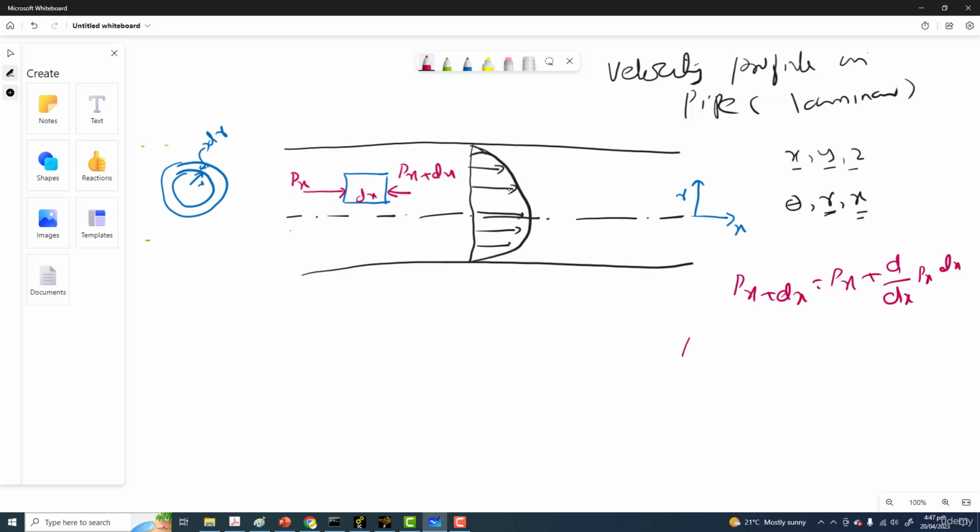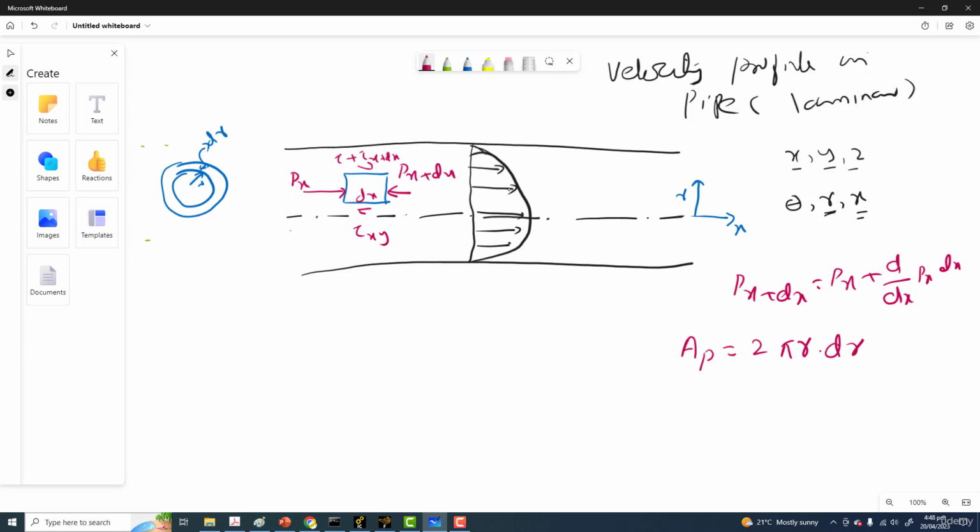The area for the pressure will be equal to 2 pi r, that is the circumference, into dr. And here we have the shear stress, and this direction is like this. And on the top side, the shear stress would be like this. So this is the tau xy, and on the other face we can write tau at x plus dx.